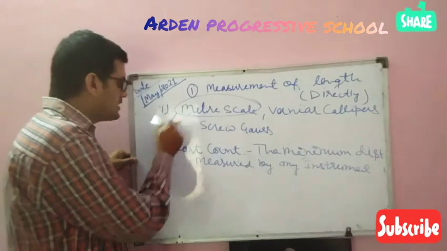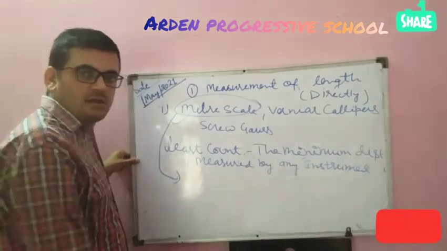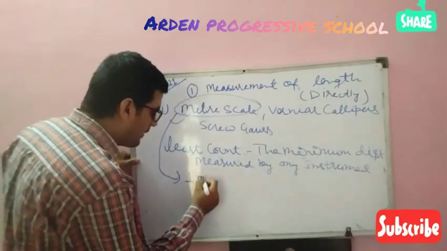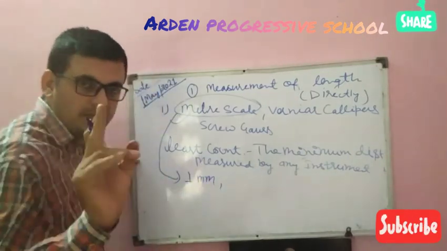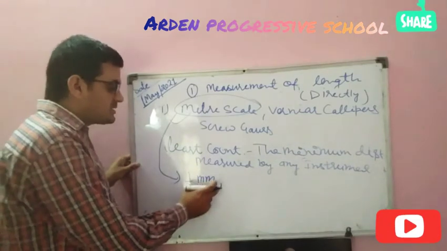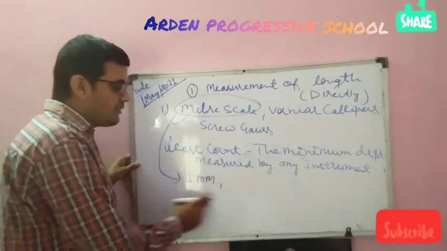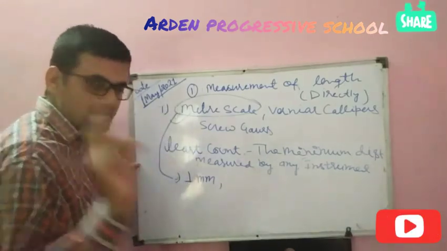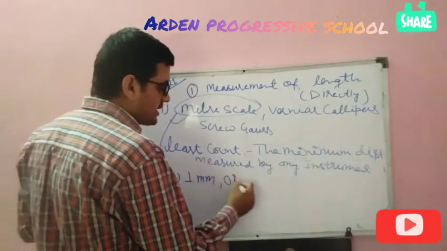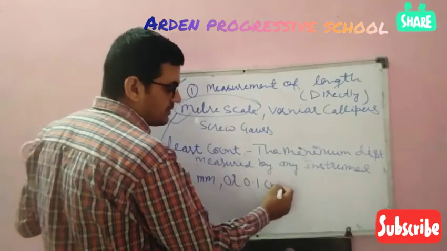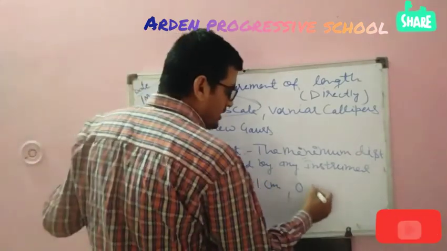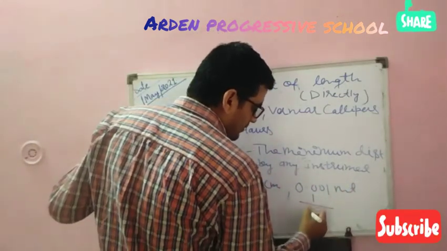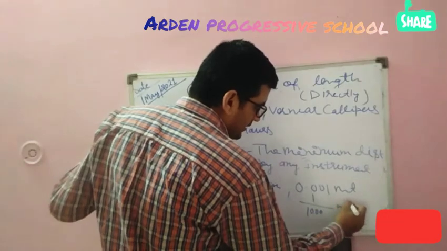scale. So what is the least count of meter scale? Least count of meter scale is 1 millimeter. That means the meter scale can measure the minimum distance of 1 millimeter. You can say 0.1 centimeter, and you can say 0.001 meter, meaning 1 upon 1000 meter.